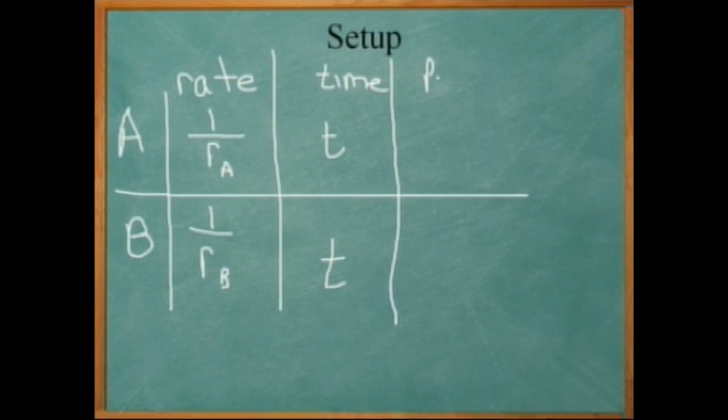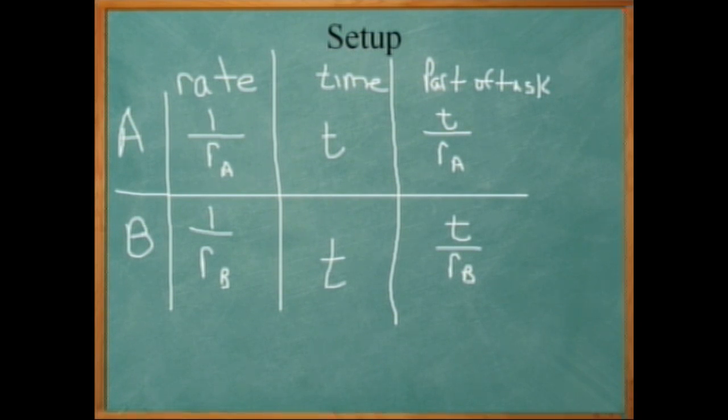The second column here is going to deal with the part of the task that each person completed. That's going to be equal to the rate times the time. So it's going to be T over R sub A and T over R sub B.